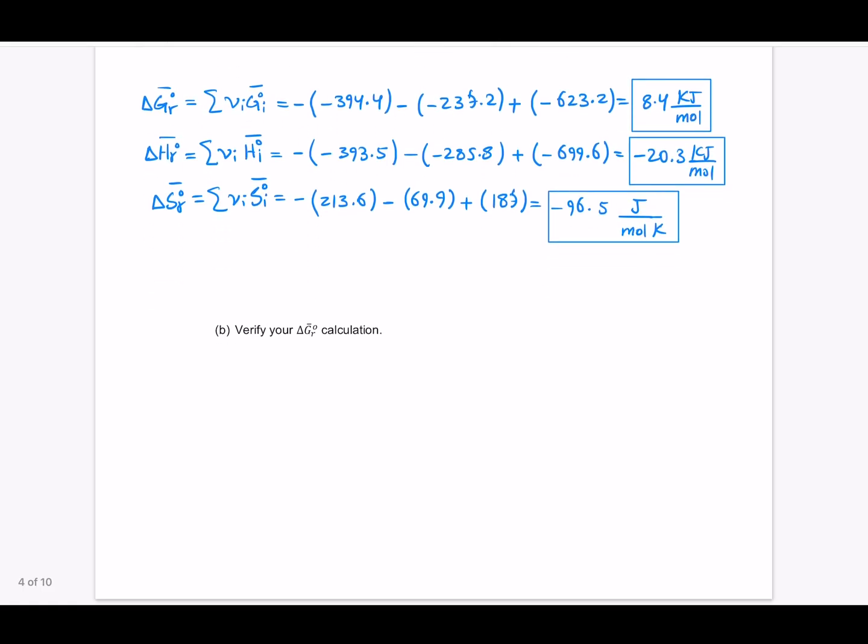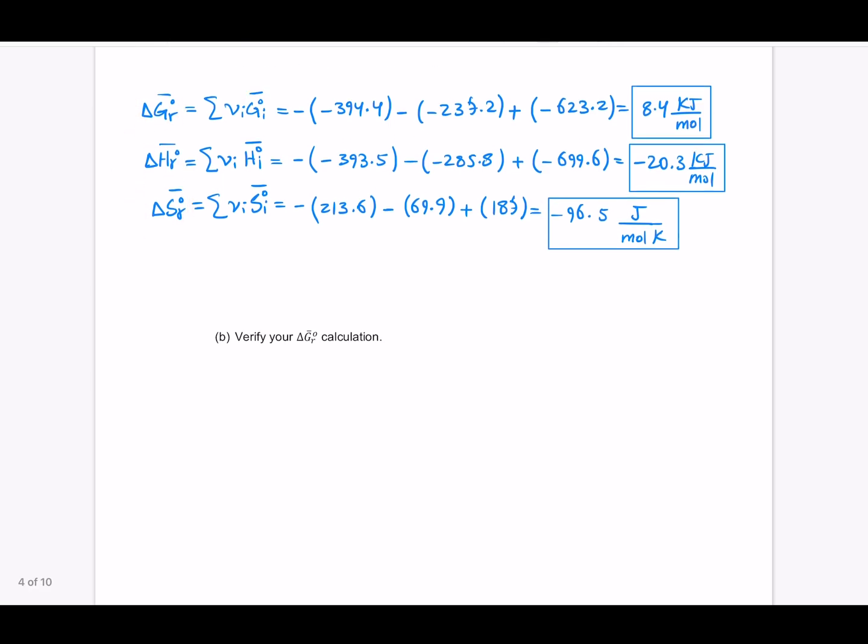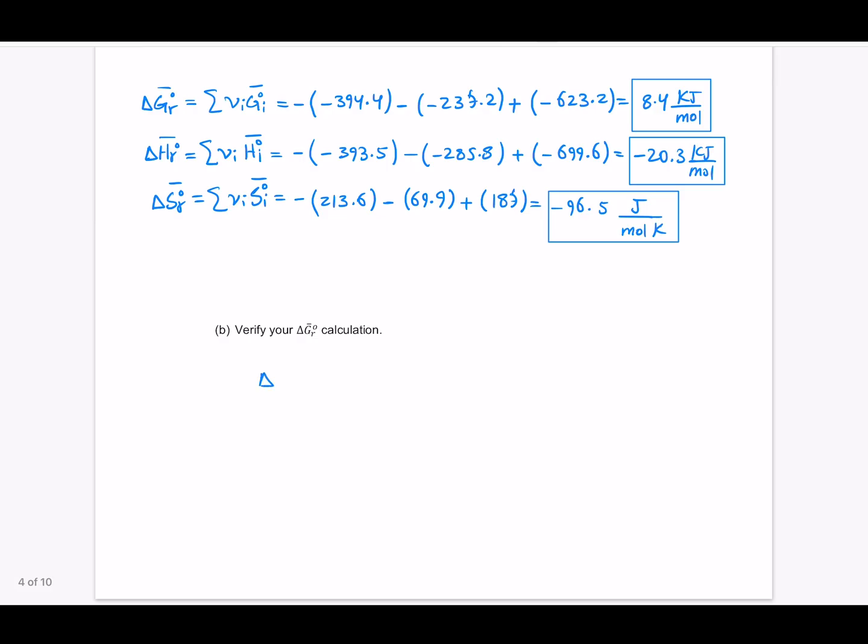And now the next part is asking to verify your delta G calculation. So far, what we did was derive delta G from the individual species, but we know delta G is also related to delta H and delta S through a relationship that we had. We just want to confirm we get the same delta G of reaction at the standard condition if we derive it from delta H and delta S. So delta H, we calculated to be minus 20.3 kilojoule per mole.